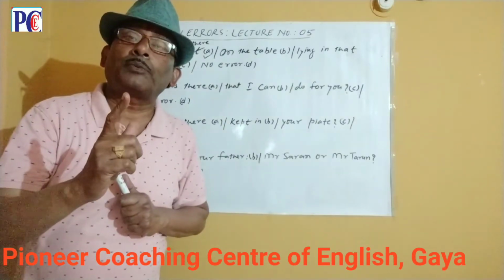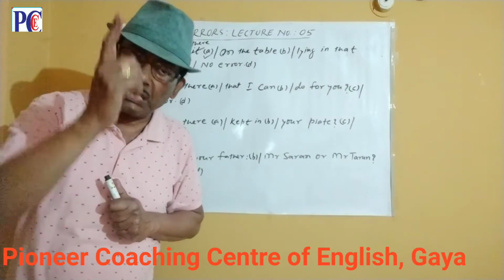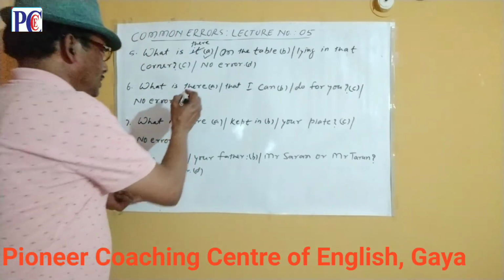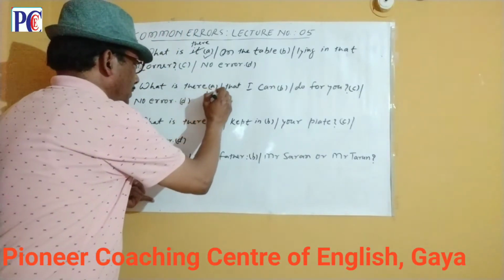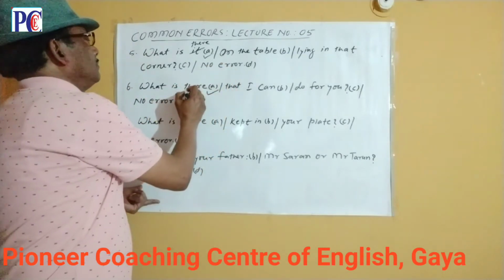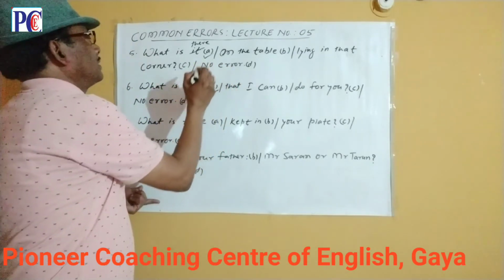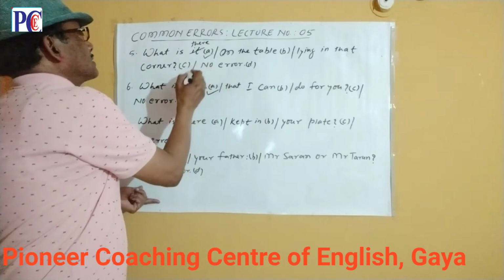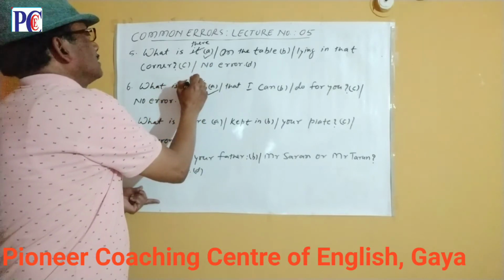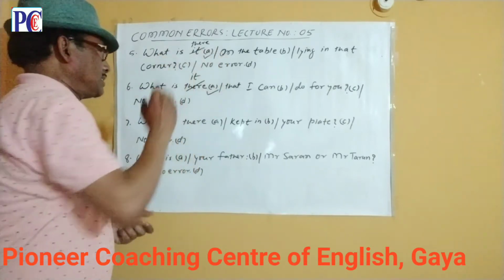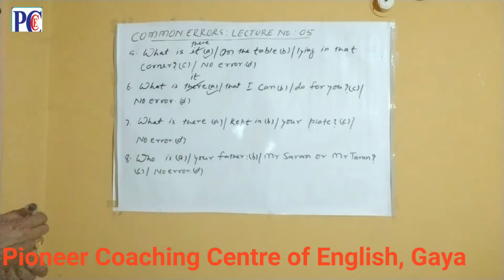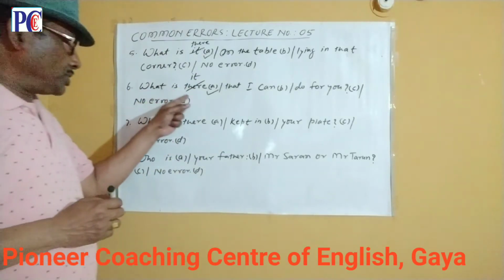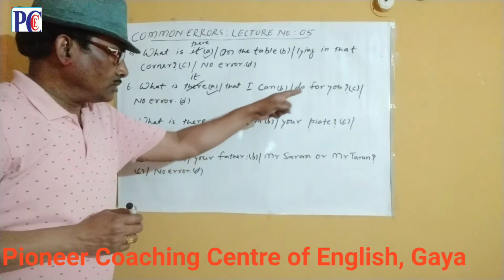Then the correct dummy pronoun is it. So the error lies in part A. We will have to replace the dummy pronoun there by its counterpart, it. Hence the correct sentence is: what is it that I can do for you?